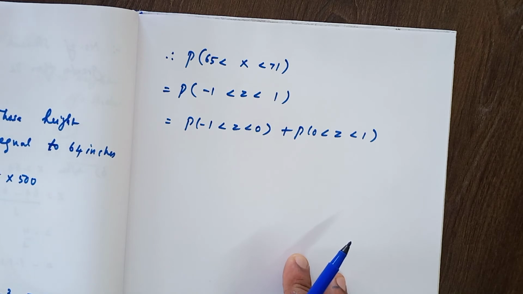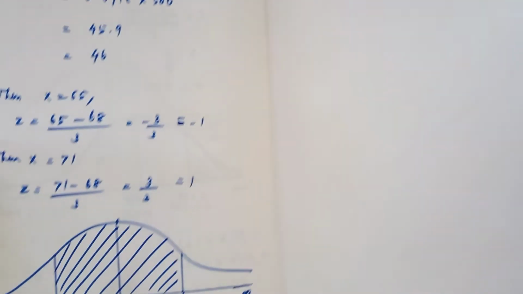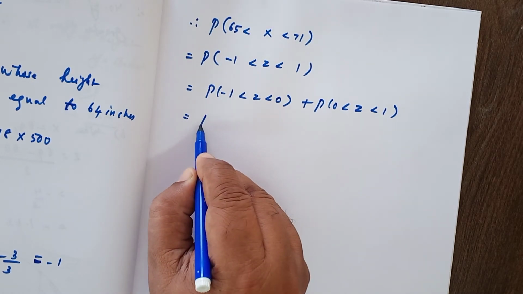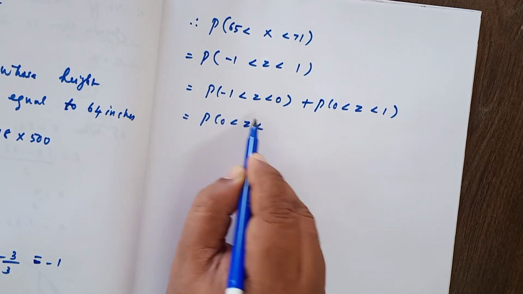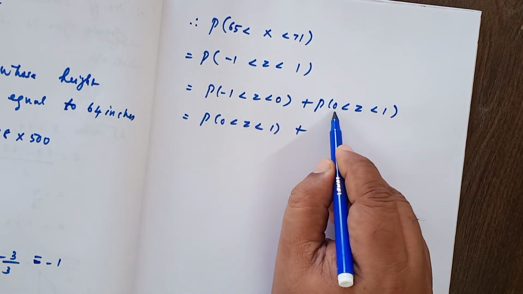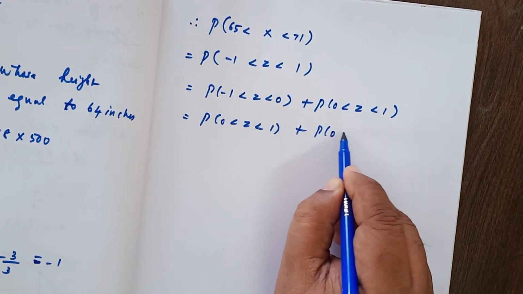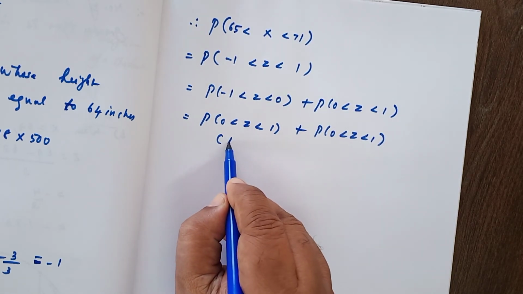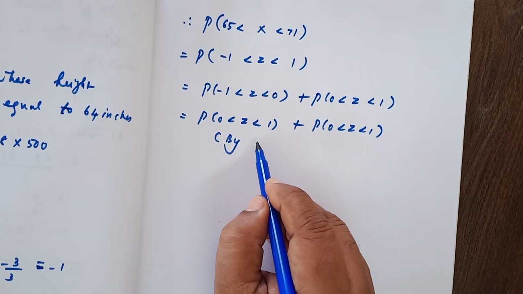Minus 1 to 0 can be written as 0 less than z less than 1, minus 1 becoming plus 1. Have to interchange these two. Here the starting one is 0, so write as it is, 0 less than z less than 1. Both are the same. You write the reason here: by symmetry.